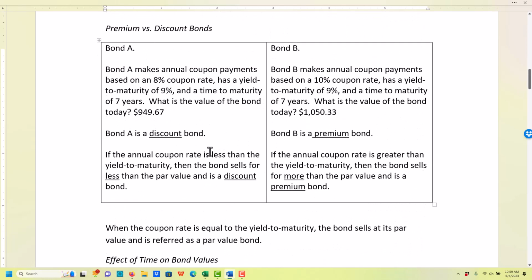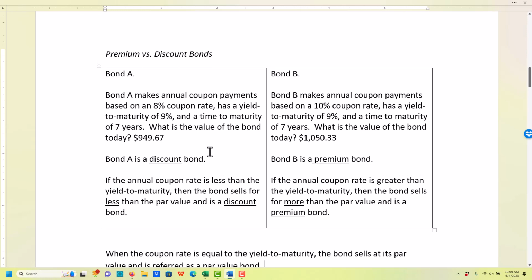So that is the effect of different yield to maturities relative to the coupon rates, and how it affects the price of the bond. Now, there isn't a reason, other than maybe for tax issues or maybe when you want to receive the income from the bond, to prefer a par value bond, a premium bond, or a discount bond.